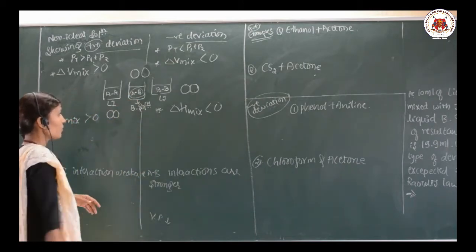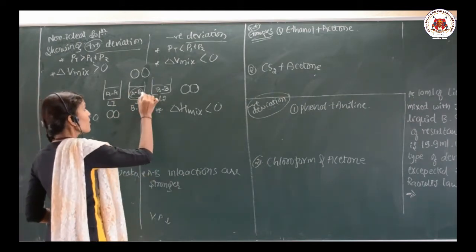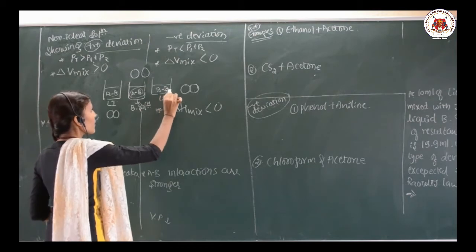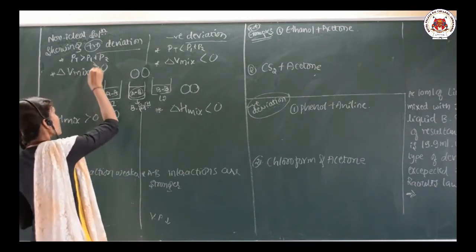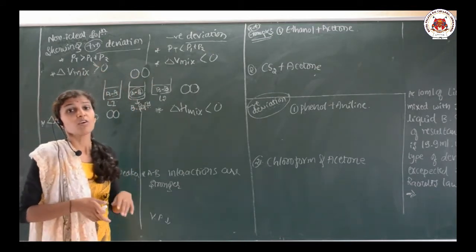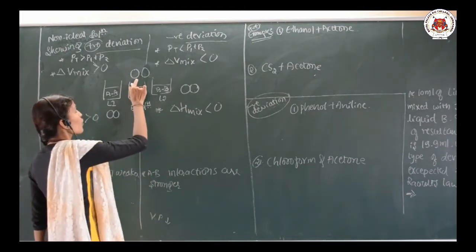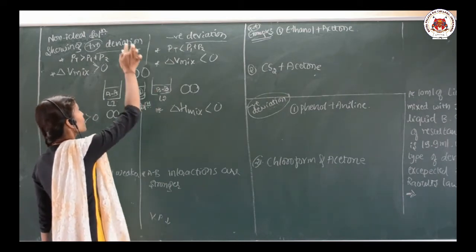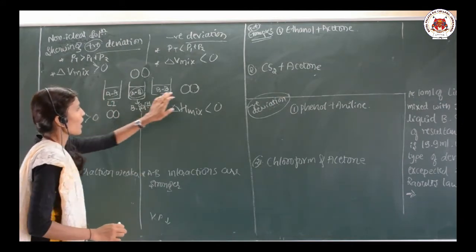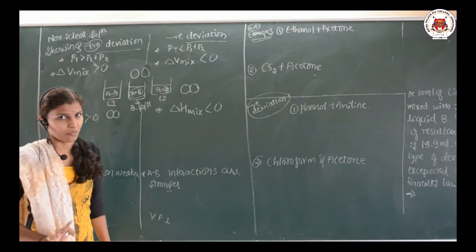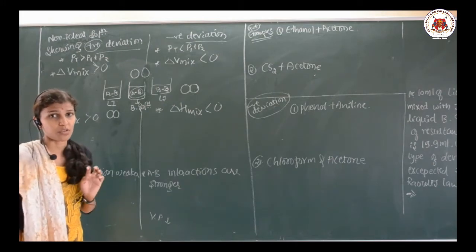In case of positive deviation, the AB interactions are weaker than the AA and BB interactions. So, there is a little space, so the volume increases, which means it becomes greater than 0. Why? Because it is occupying more volume, because the interactions are weaker. The solute-solvent interactions are weaker in case of positive deviation as compared with the solute-solute and solvent-solvent interactions. So, that is why V mixing is greater than 0 in case of positive deviation.